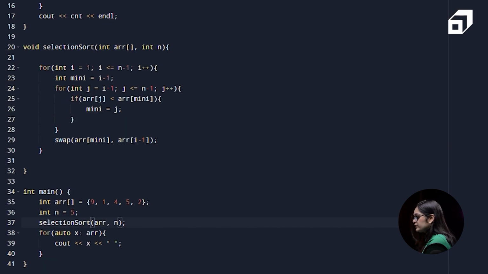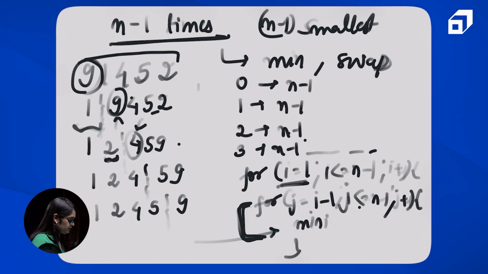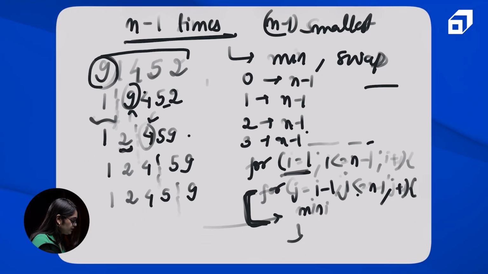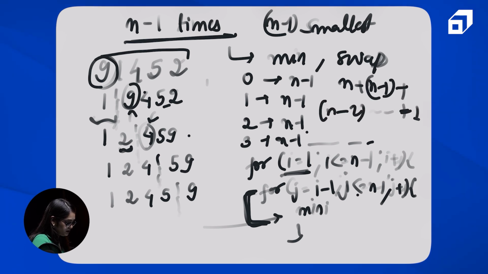Let's quickly go over the time complexity of this solution as well. So as we observe here, for the first time, we are going from 0 to n minus 1. So we are iterating through n elements. The second time, we are iterating to n minus 1 elements, then n minus 2 elements, and so on.